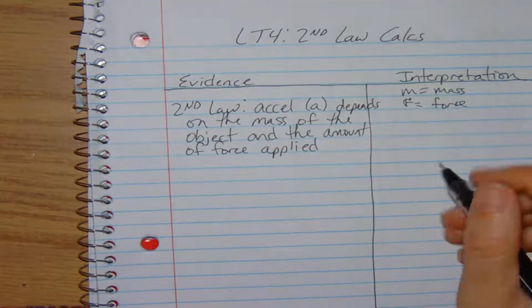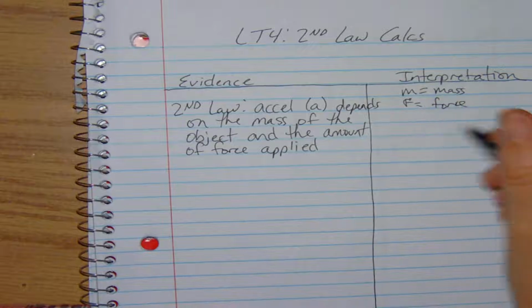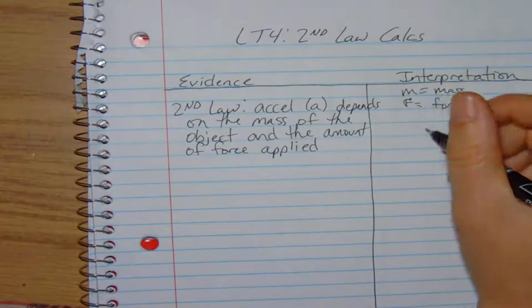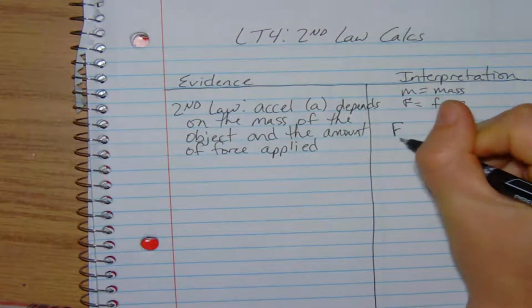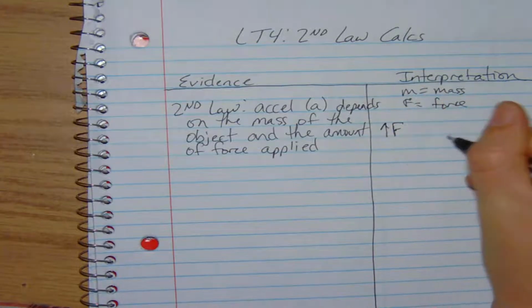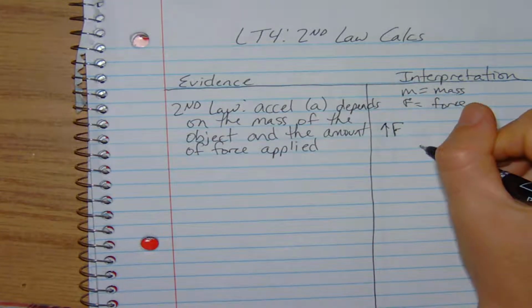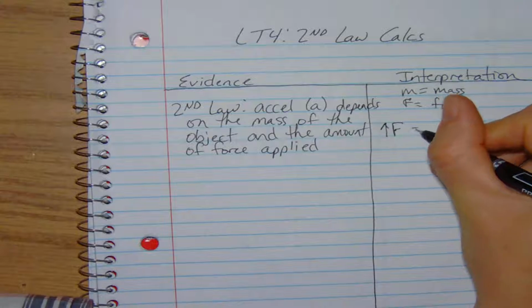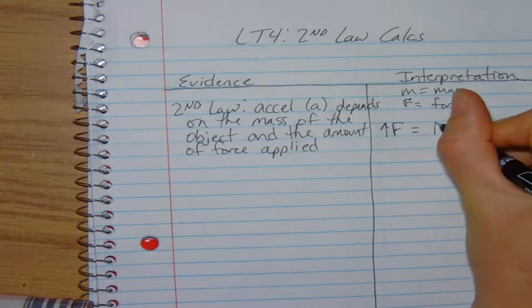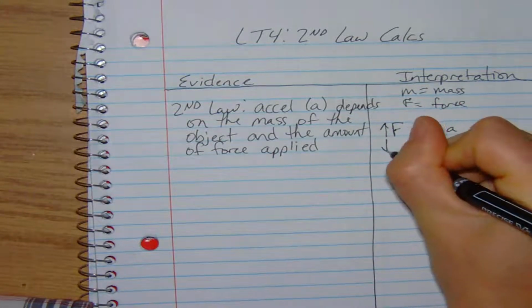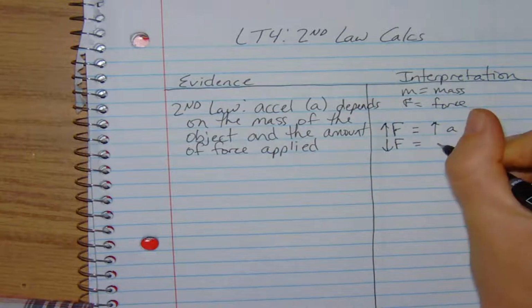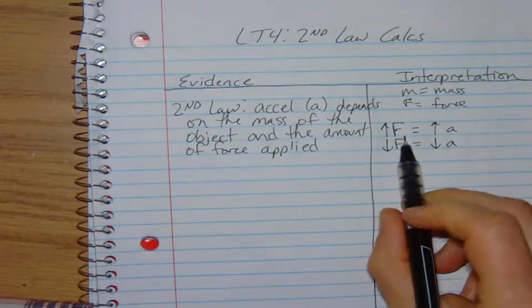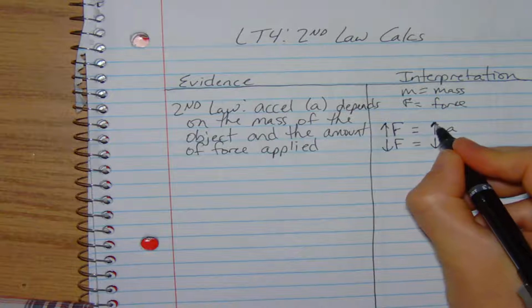All right, so a couple relationships, and we've worked on this in class already, but think about what happens with force within a problem, and how that would affect the acceleration. One of the most important relationships that you need to understand is that a larger force causes a greater acceleration.